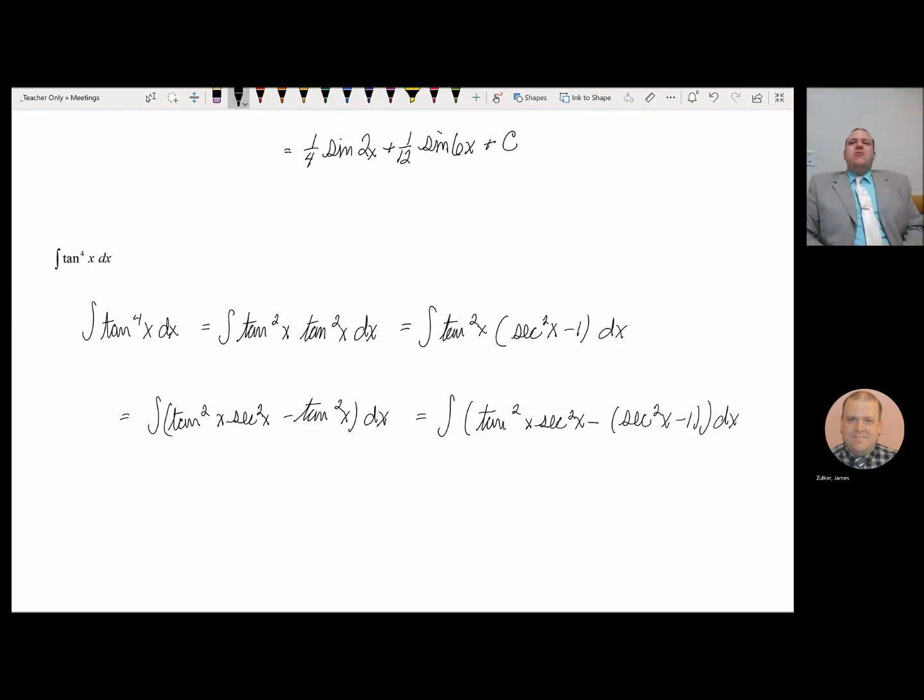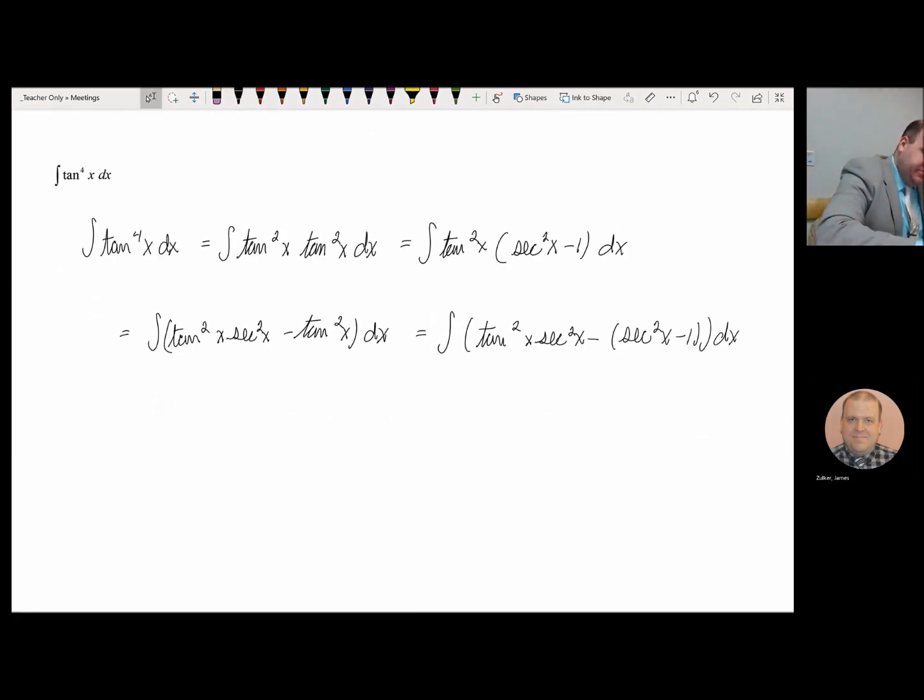Then that lone tangent squared, I'm going to write as secant squared minus 1. Begin with that piece.